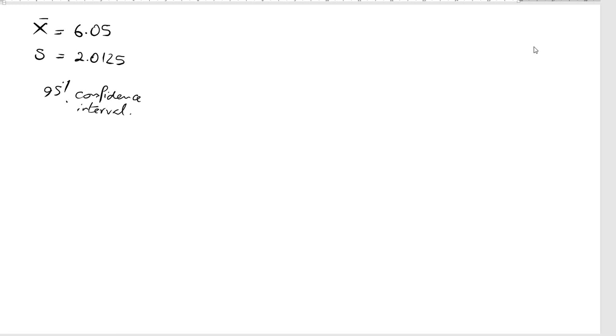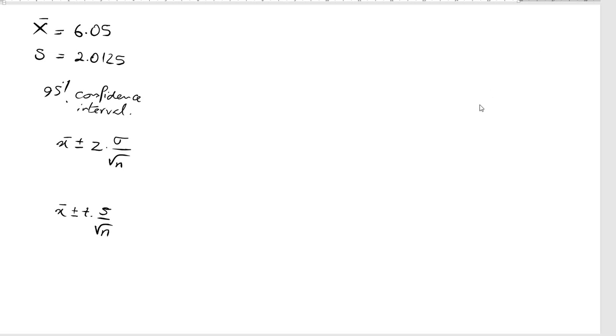When you work with confidence interval questions, you're going to have two options. One of the formulas that you can use is x bar plus minus z times sigma over square root of n. That's one option. The other option is x bar plus minus t times s over square root of n. So s is the standard deviation of a sample.